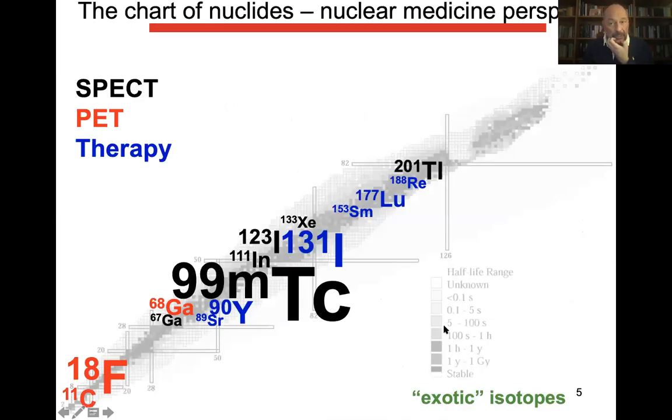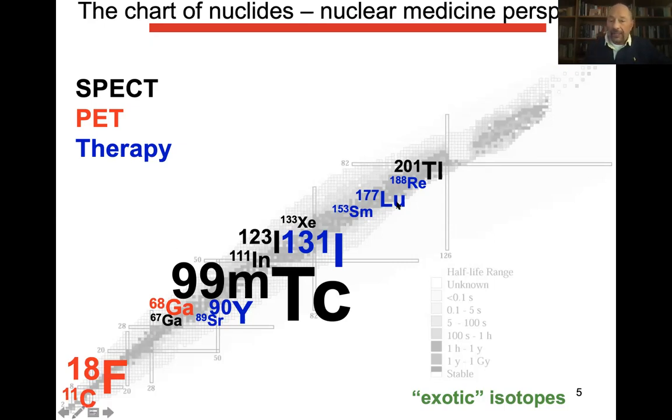Now, let's look at the names of the isotopes. This is the isotope chart, okay? The usual isotope chart is displayed with the charge, the number of protons, and the total number of neutrons plus protons.